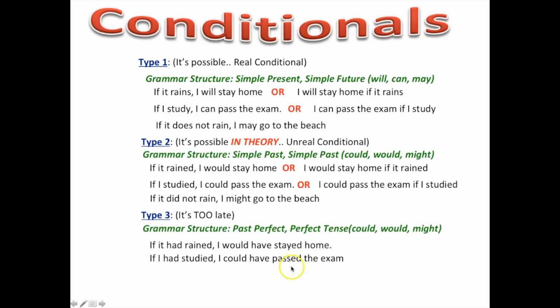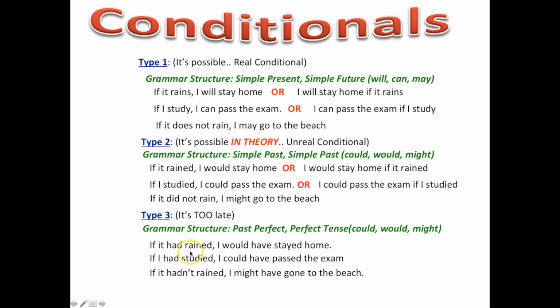Okay, here it's too late. There's nothing you can do. You didn't pass the exam. The next one is, if it hadn't rained, I might have gone to the beach. It means that it rained and you couldn't go to the beach. That's why you are like regretting that it rained. Do you understand? You're regretting that it rained. Okay?